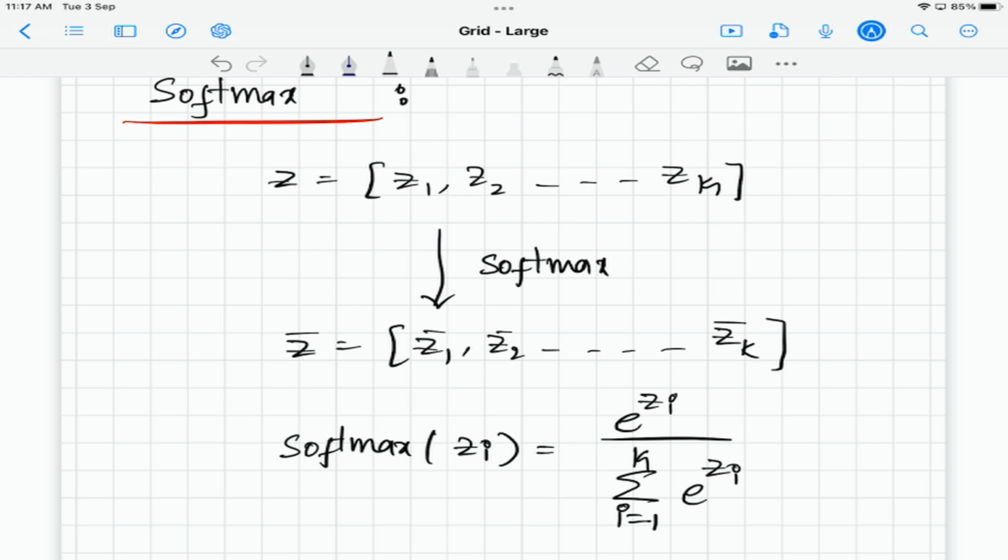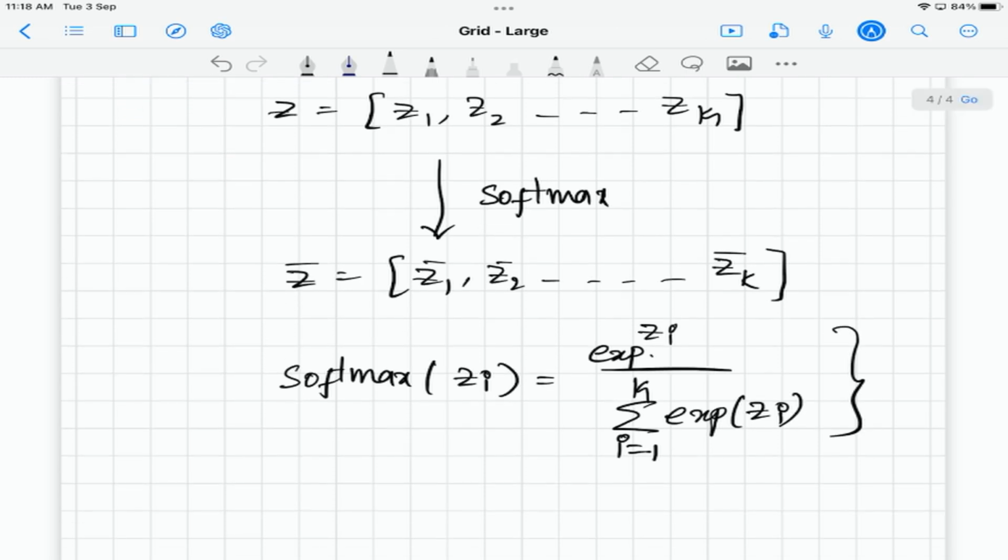So is this a minus exponential or an exponential of zi? Can you tell me what softmax is? Will there be a minus in the exponential? No. This is the correct softmax, right?